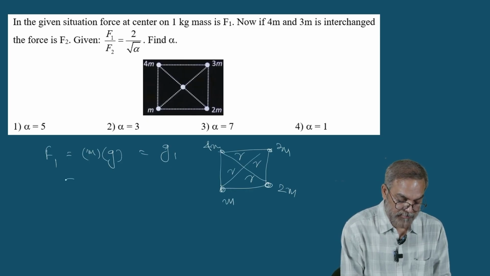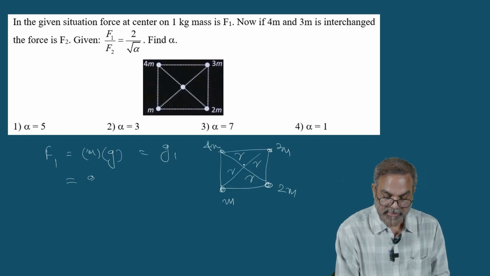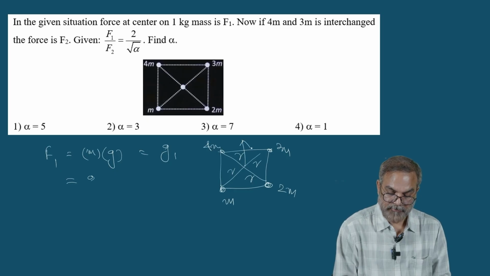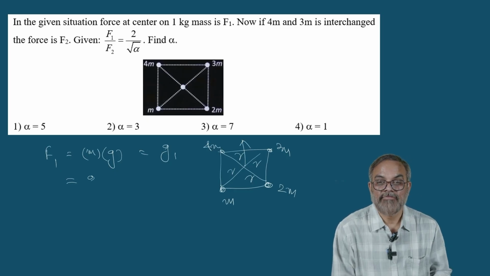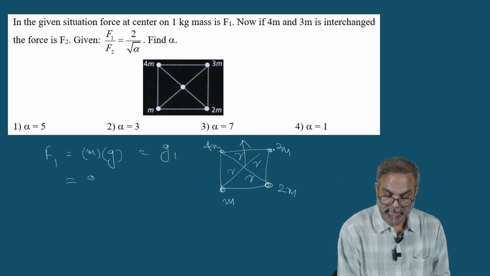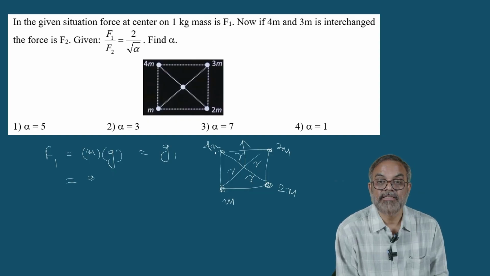So I can write the value of this G1. Now I can see that the resultant will be like this. So basics of vectors, these two will be attracting, the resultant will be along 3, and here the difference is 2. Again I can see here the difference is 2, and it will be directed towards it.